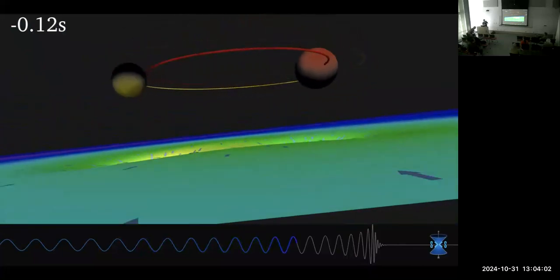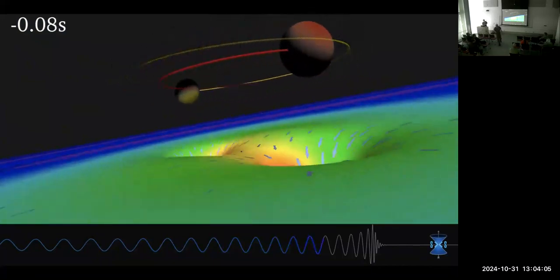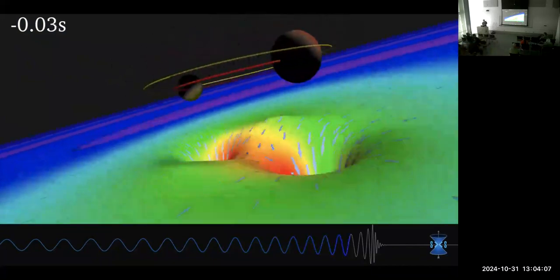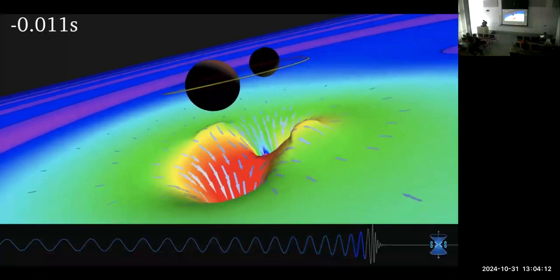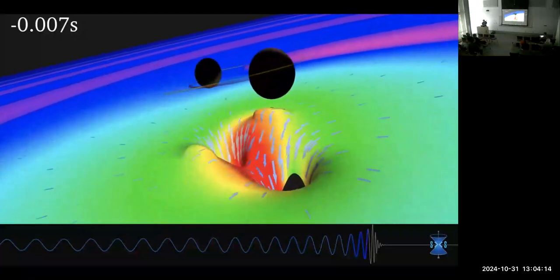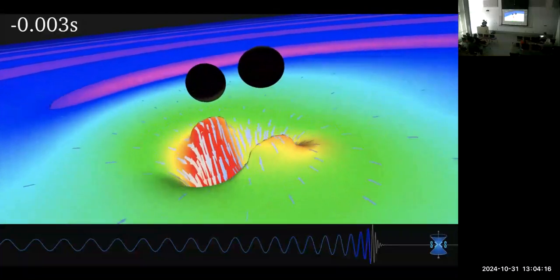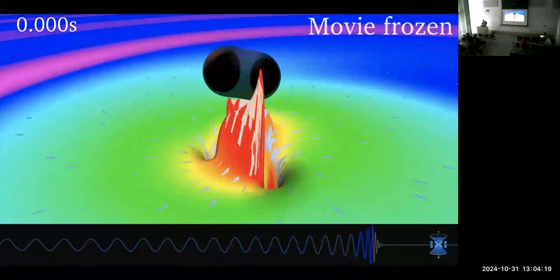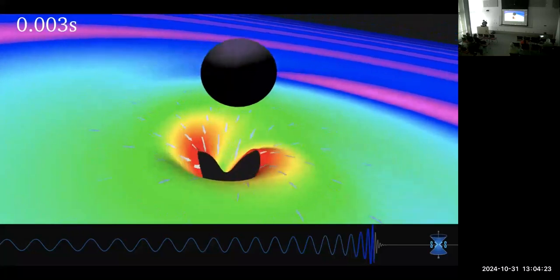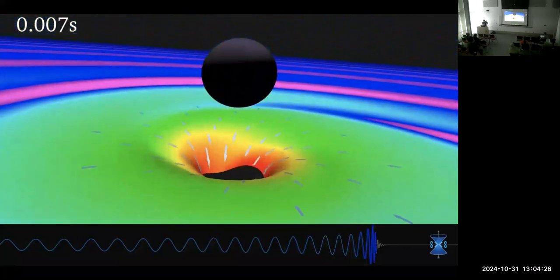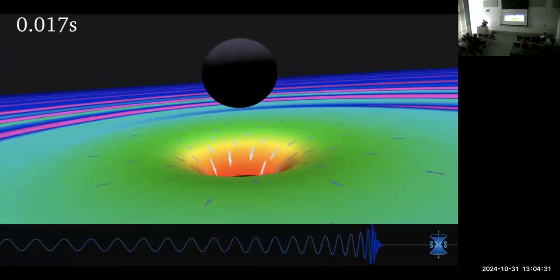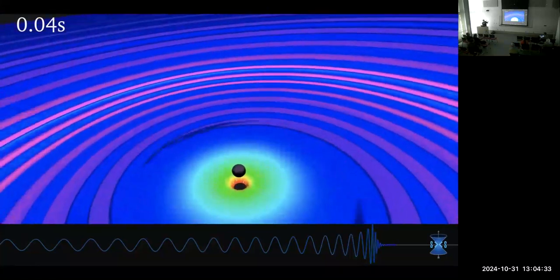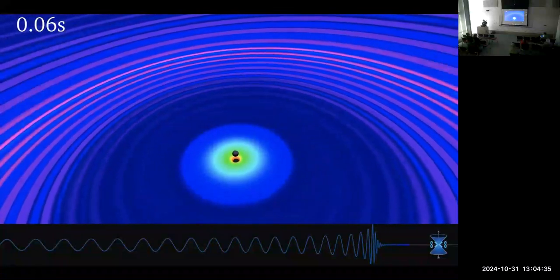Just a reminder, black holes actually don't have a surface. This just indicates the point of no return. Now we're just a few milliseconds before merger, and they are close enough that they form a common horizon. Now they merge and create a new black hole. This black hole is now highly perturbed and rings down effectively. This process we hope to measure. You can now see the gravitational waves being radiated out in that specific process.